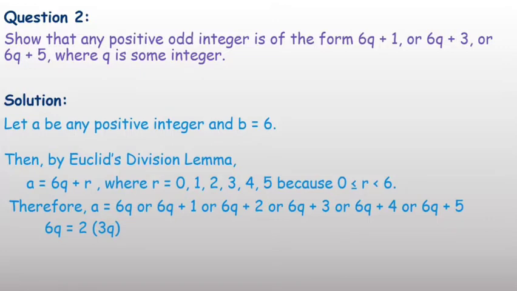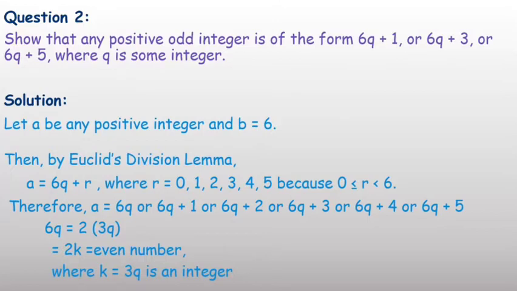If a equal to 6q, which you can write as 2 into 3q, which is in the form of 2k, means even number, where k equal to 3q, means divisible by 2.